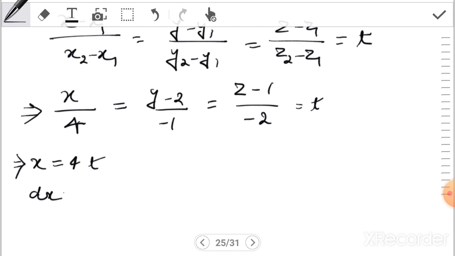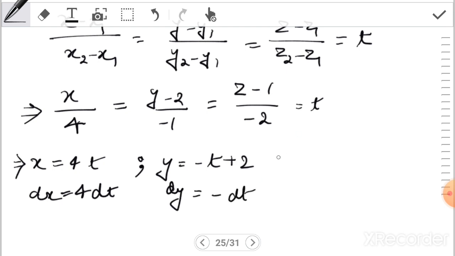So dx will be equal to 4 times dt. Similarly, y is equal to minus t plus 2. So dy is equal to minus dt. Again, z is equal to minus 2t plus 1. dz is equal to minus 2 dt.